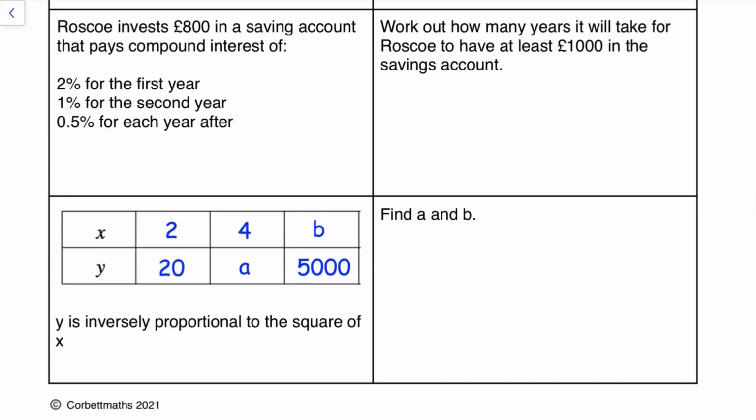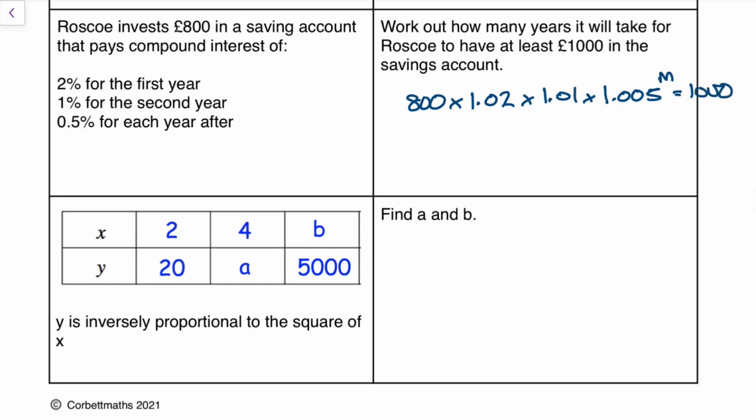Next question. Roscoe invests £800 in a savings account that pays compound interest of this here. Work out how many years it will take for Roscoe to have at least £1,000 in the account. Okay, I'm going to set this up as a big equation. It's got 800 times the multiplier for the first year, which is 1.02, times the multiplier for the second year, which is 1.01, times the multiplier for the third year onwards, which is 1.005 to the power of m, and I need that to equal 1,000.